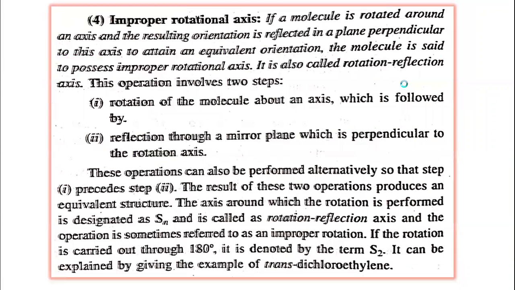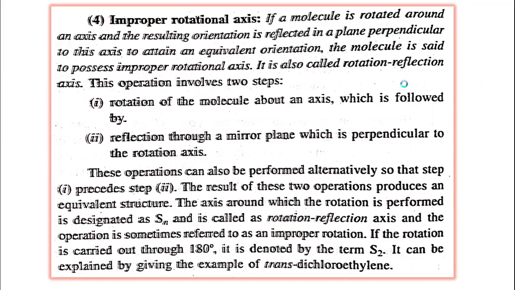Now let us discuss the fourth symmetry element, that is the improper rotational axis of symmetry. Improper, not proper. The proper rotational axis has already been discussed by us. Now the improper rotational axis.